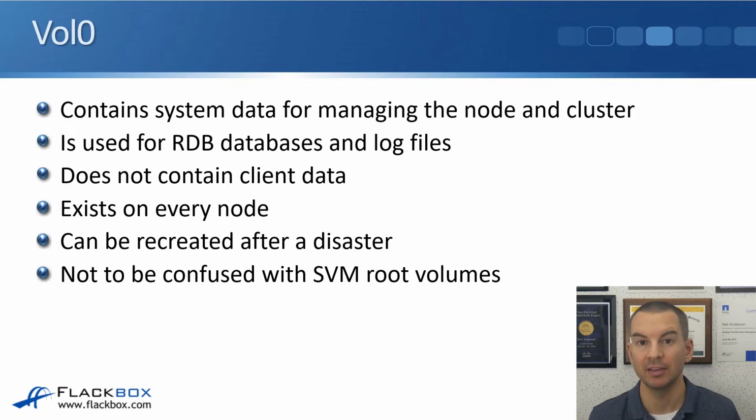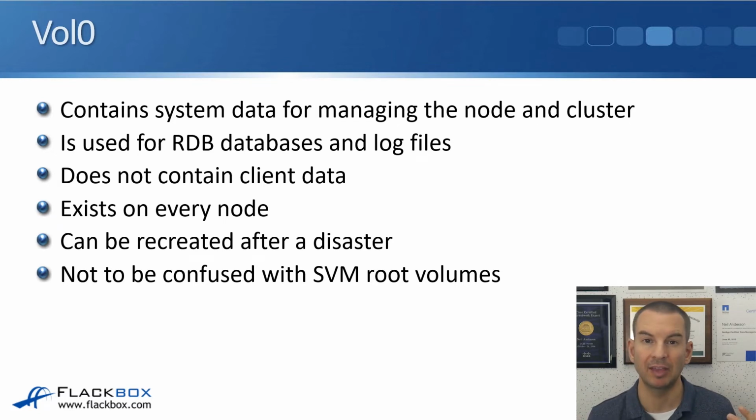Vol 0 is included on every node in the cluster. It does not contain any client data. It's just used for system information. And because it is on every node in the cluster, if we somehow lose vol 0, that can be recreated from the identical vol 0s which are on the different nodes.